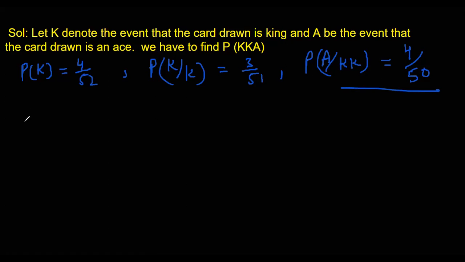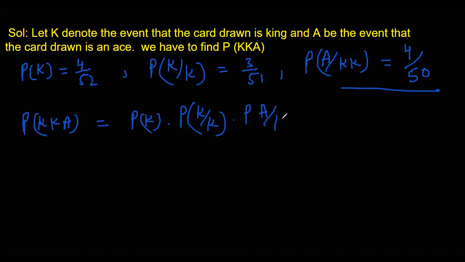So what we are asked here is P(K K A). We'll apply the multiplication rule. P(K), then P(K|K), which means if the first is king, then the probability of getting a second king, and third P(A|KK). What does it mean? It means the first two cards drawn are king, then the third card is an ace.